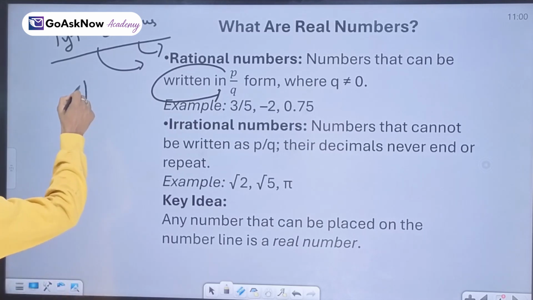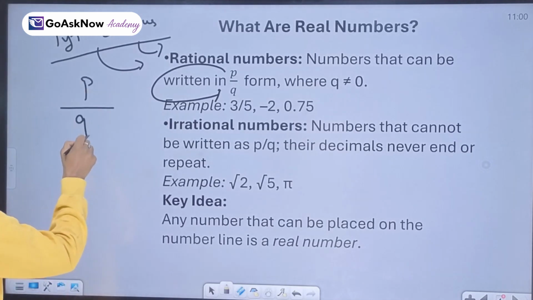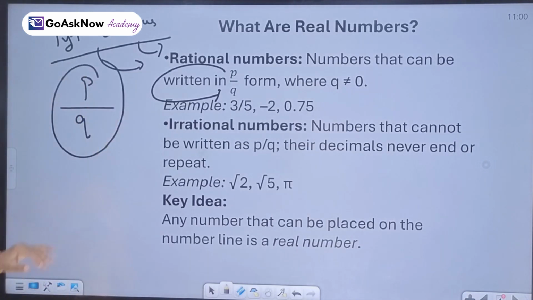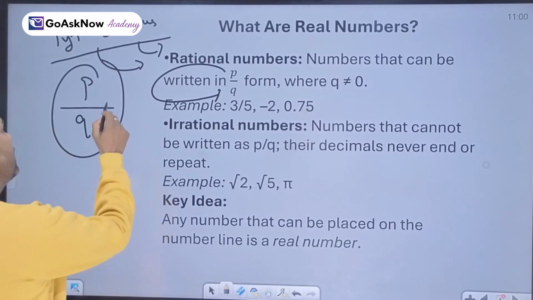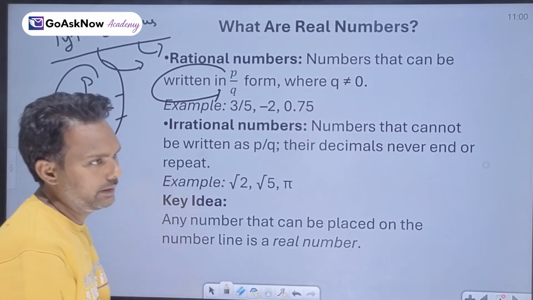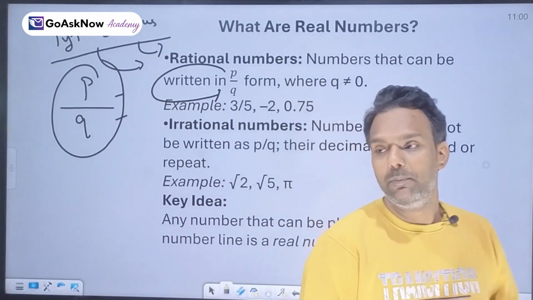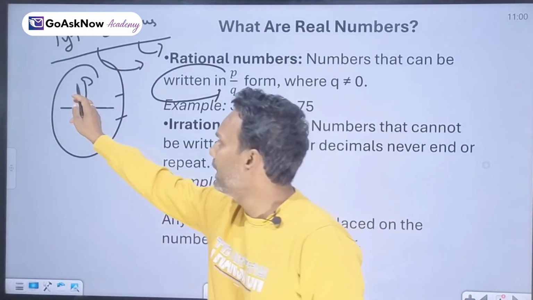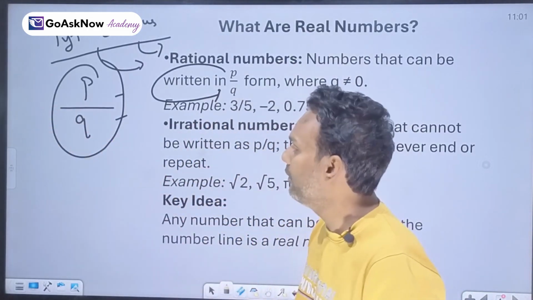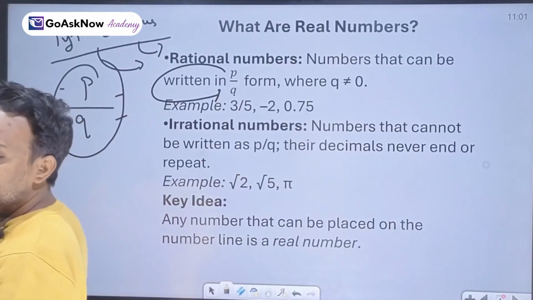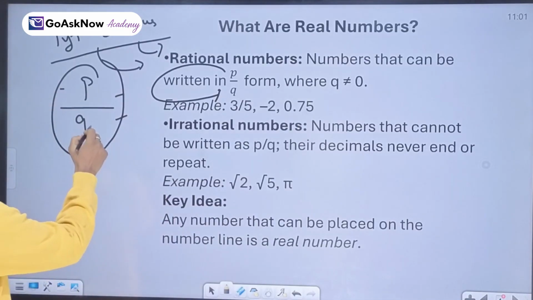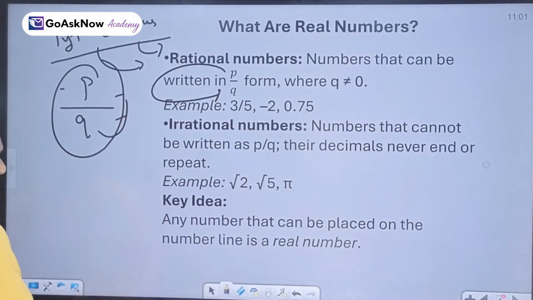So we can see that rational numbers are the numbers which can be represented in the form of p by q, where p and q both are co-prime to each other. Co-prime to each other means this is the lowest form of numerator and denominator, after we reduce numerator and denominator with the help of a common factor of p and q.